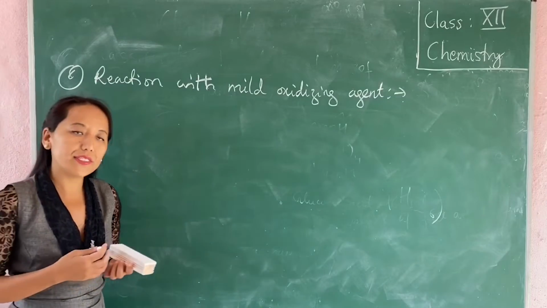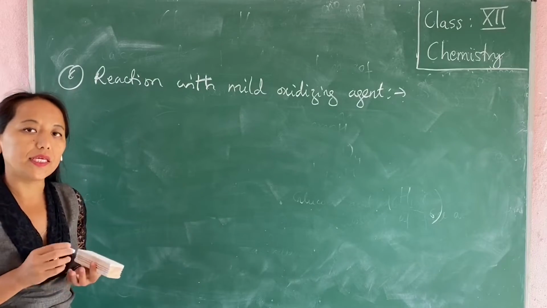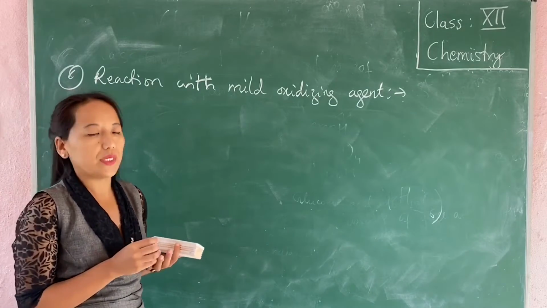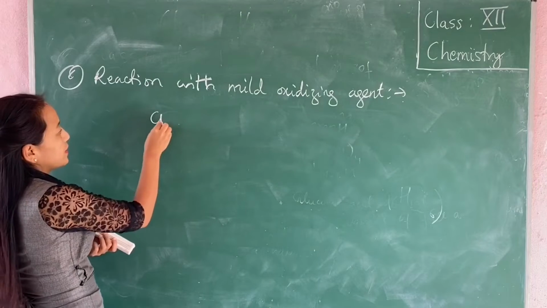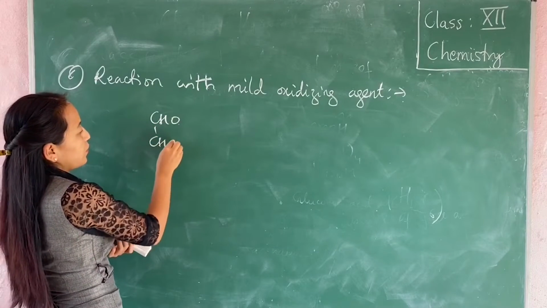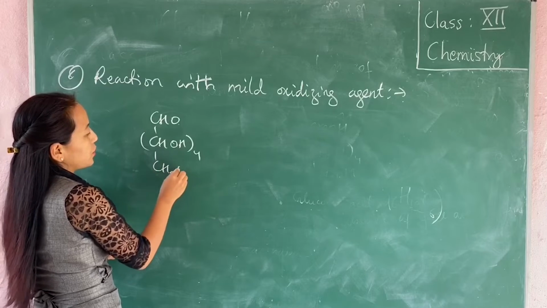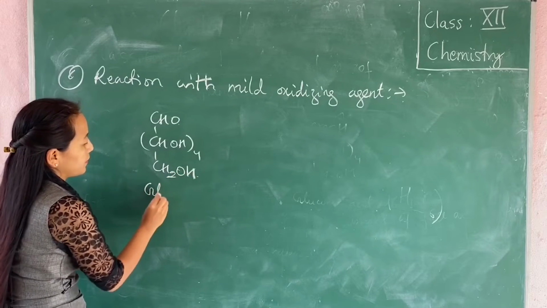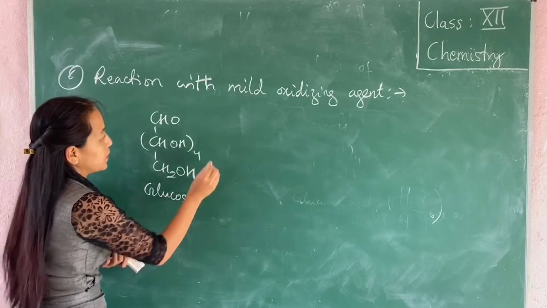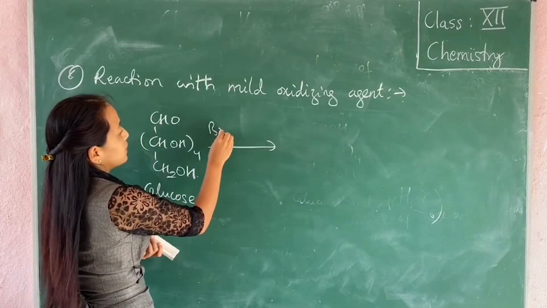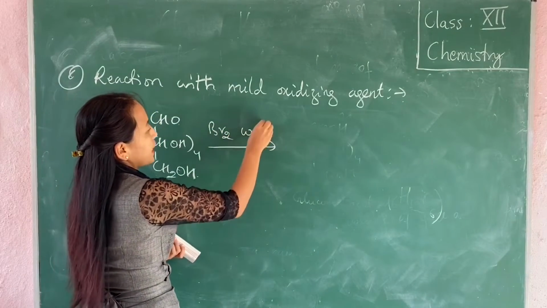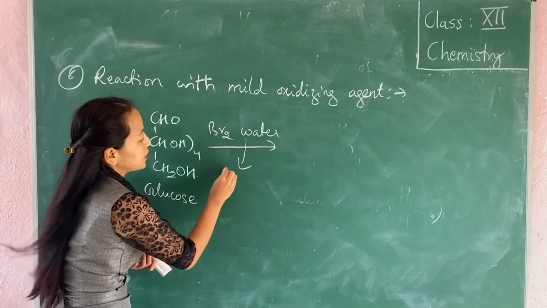In order to find out whether the carbonyl group present in glucose is an aldehyde or ketone, glucose, that is CHO, CHOH four times, CH2OH, was treated with bromine water, which acts as a mild oxidizing agent.